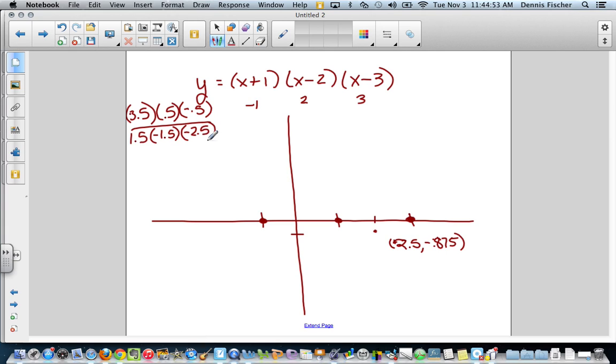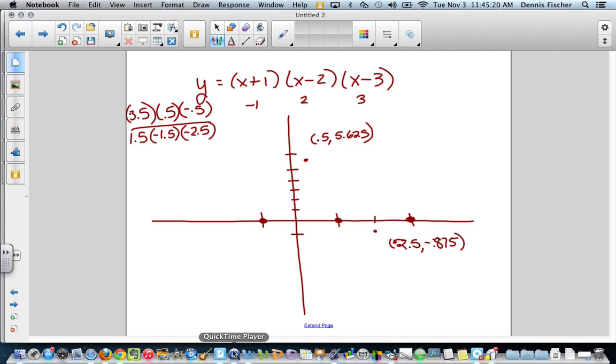So if I multiply those together, it's 5.625, so it's a little higher. So at 0.5, right here, I'm going to be at 0.5 and 5.625.